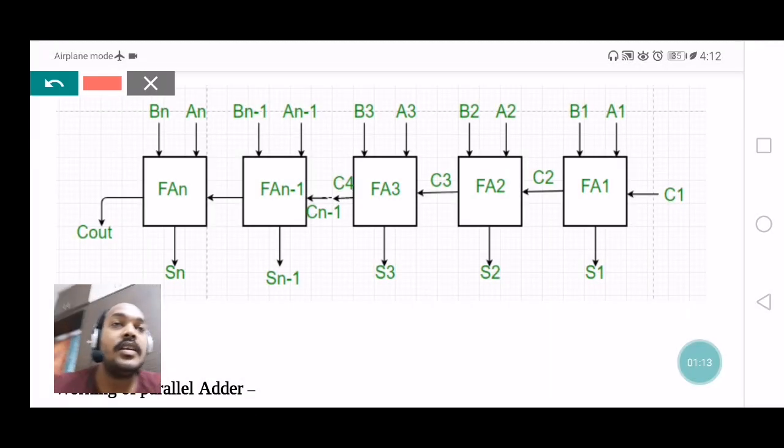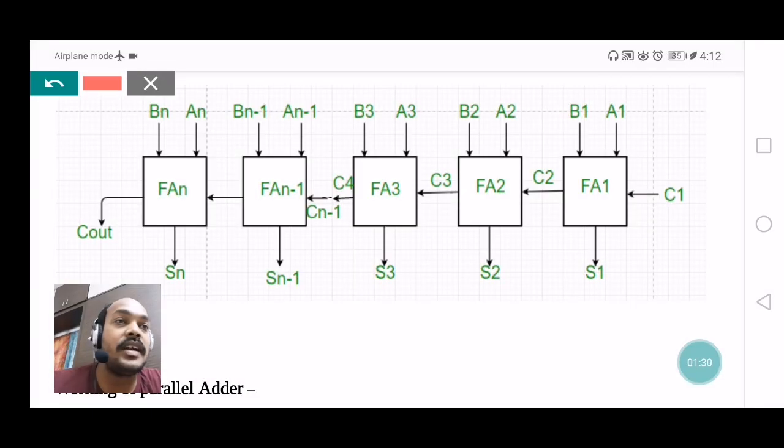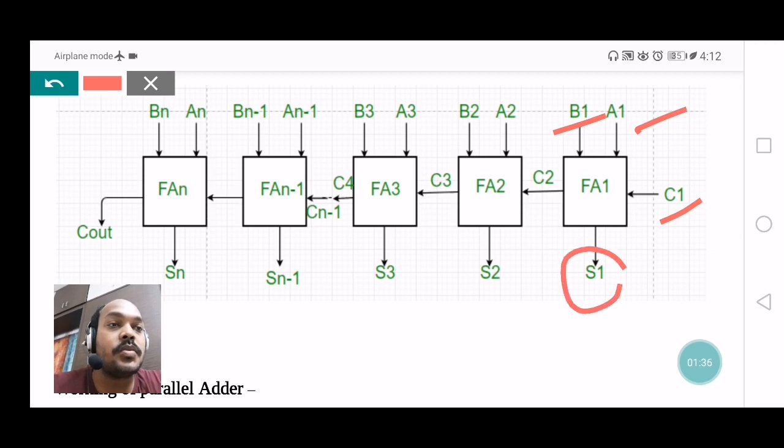Here, if you observe how many full adders there are, n full adders are there: 1, 2, 3, up to n minus 1 and n. All n full adders consist of three inputs, A1, B1, C1, and produce two outputs, S1 and C2.